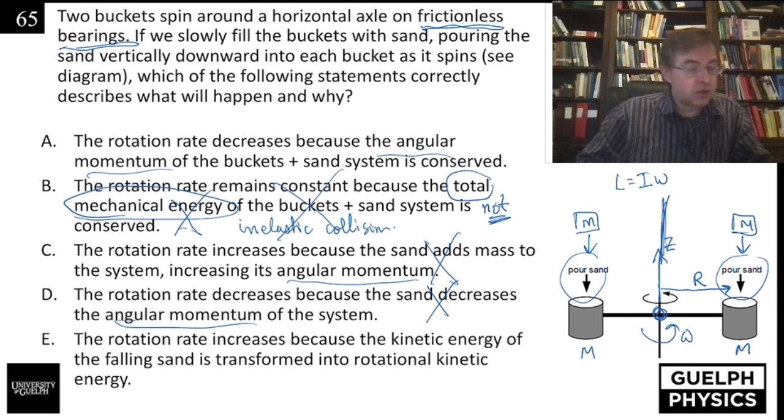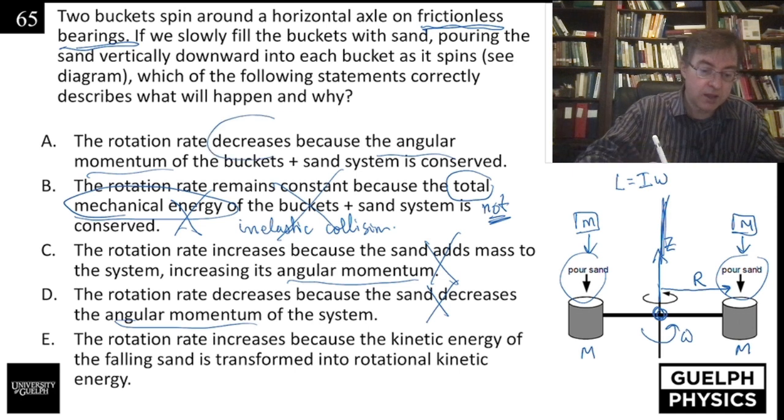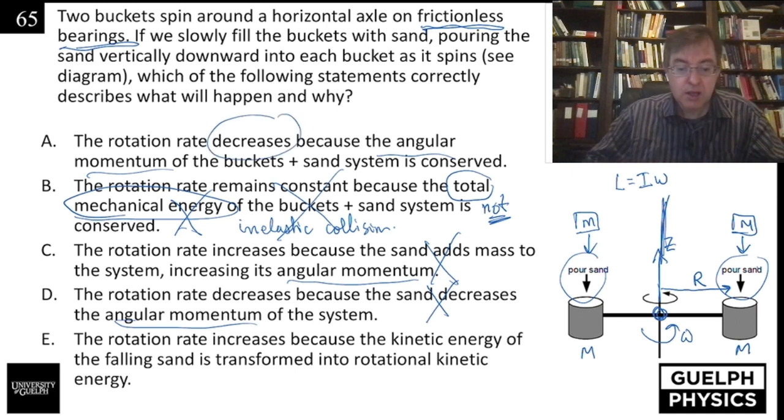Because the thing you need to look at is the angular momentum conservation in this problem, okay? And so we need to apply angular momentum conservation, and then that will determine whether the rotation rate increases or whether, as in A, it decreases, okay?